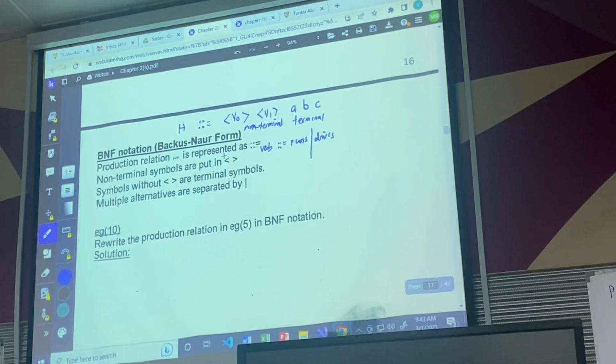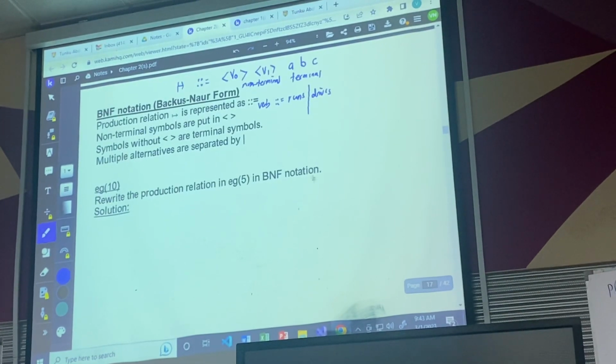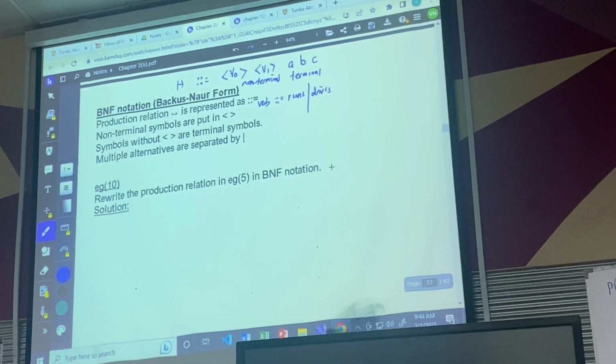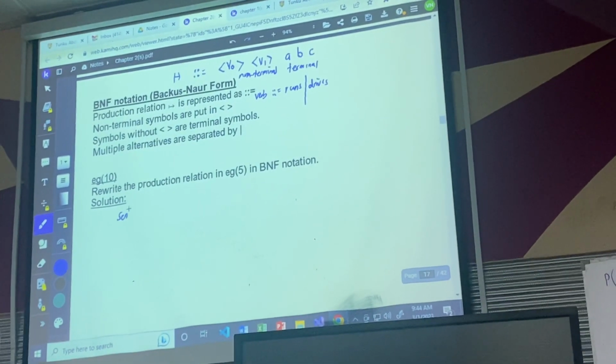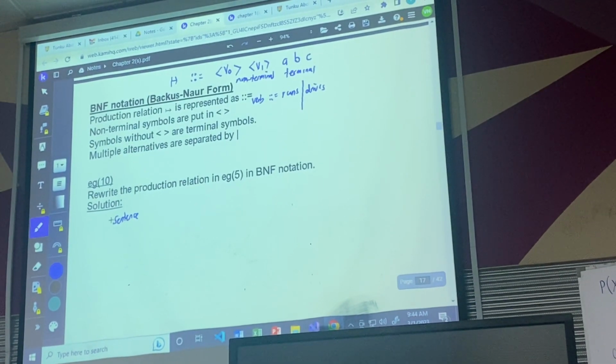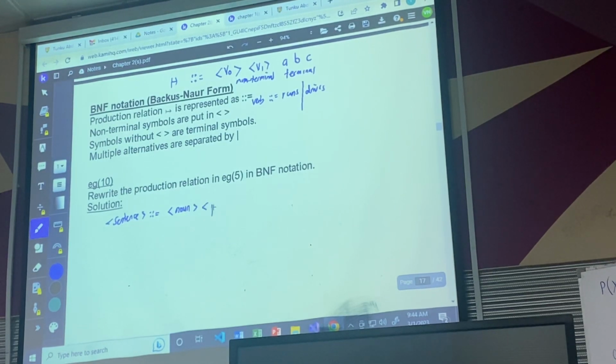Okay? So we try to write this production relation again in example 5 using the BNF notation. So we will start with the word sentence, which is a non-terminal. So put it in a bracket, and then substitute with, just now, sentence substitute with noun and then predicate.